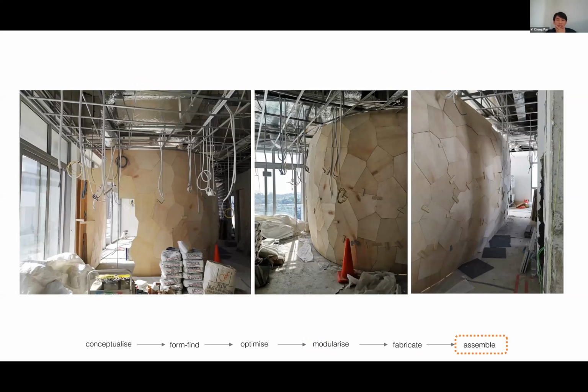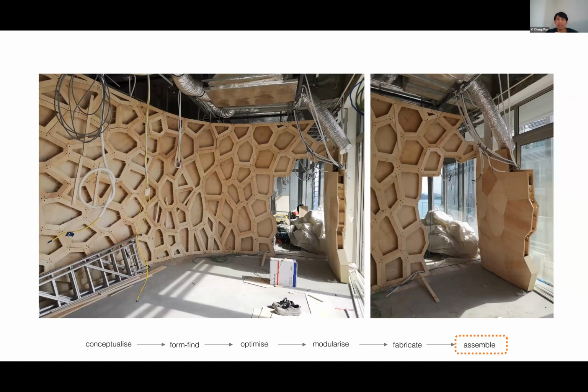So these were the on-site photos. The dimensional accuracy is very high. We were able to really fit into the space, leaving enough walkway clearance. And the interesting thing is that the door is also snugly fitting into the whole geometry.